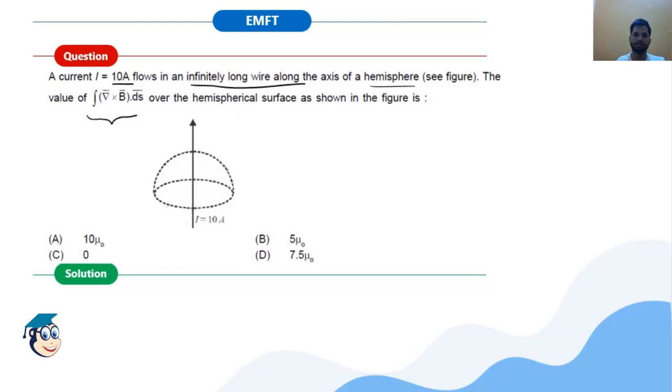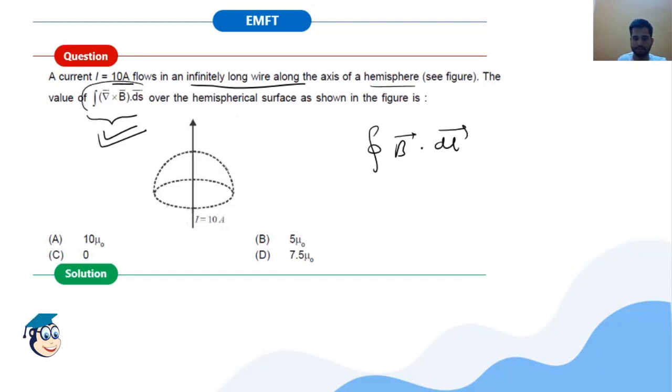So it is actually not a question of magnetostatics, but a question of vector algebra, and they have used the quantities of magnetostatics. So we know by the Curl theorem that the surface integral of del cross B dot ds is equal to the closed line integral of B dot dl. Okay, this is the Curl theorem.